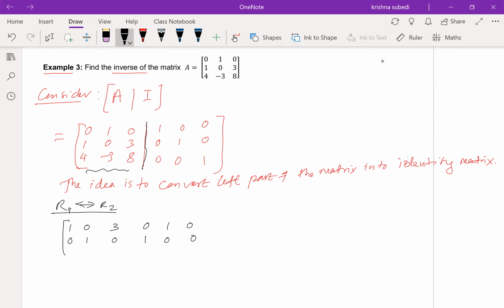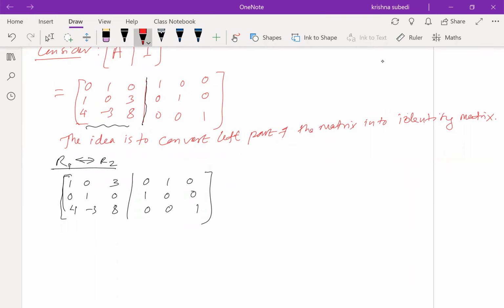And we did nothing with the third row, so 4, minus 3, 8, 0, 0, 1. Now make this entry 0. Make R3 have a 0 there. How can you do that? R3 minus 4R1. Okay, good.